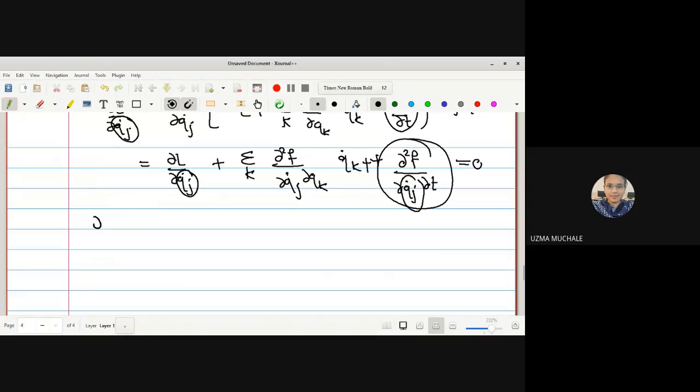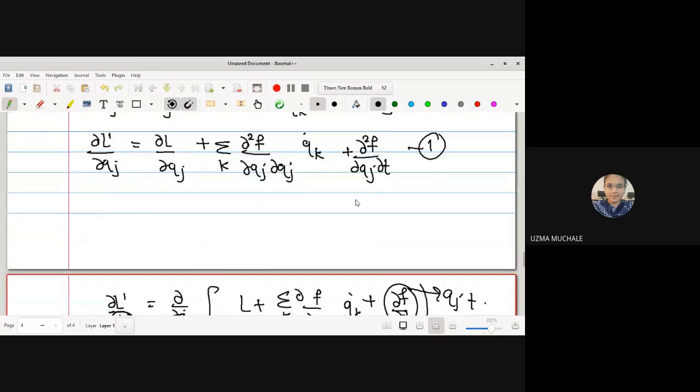So what we get is the value of dou L dash by dou qj dot equal to dou L by dou qj dot plus summation over k dou 2f by dou qj dot into dou qk and qk dot. This is what the second term from your equation.